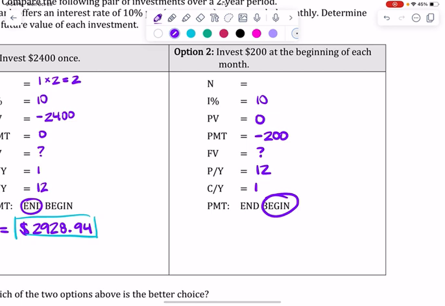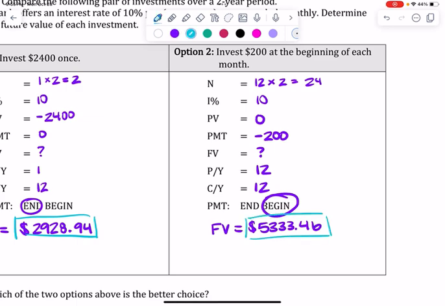My compounding period does not change. It's still monthly. And now my N value is equal to my PY, which is 12, times my number of years, which is 2, which gives me 24. When I plug this in, my future value with appropriate units and appropriate rounding is $5,333.46.